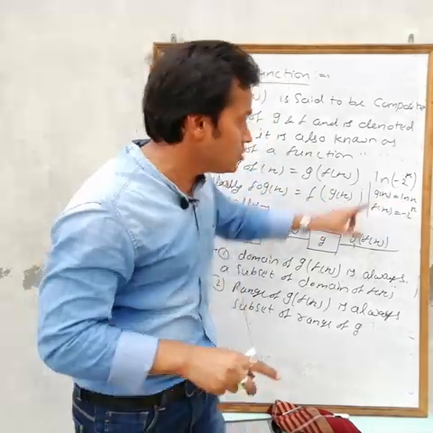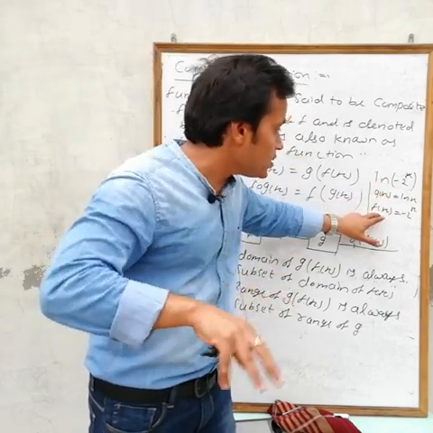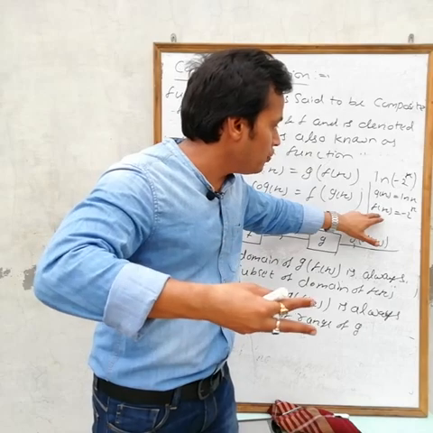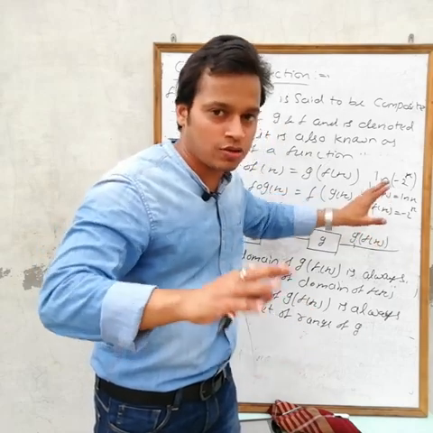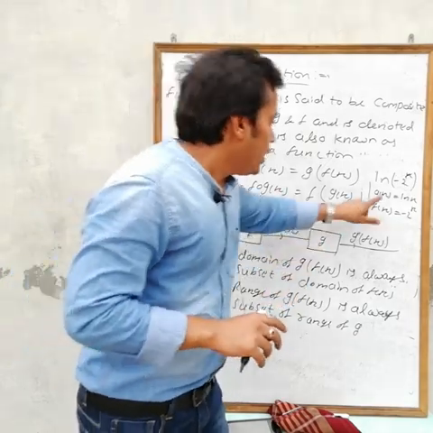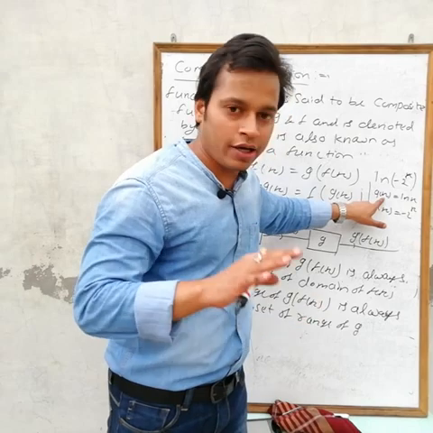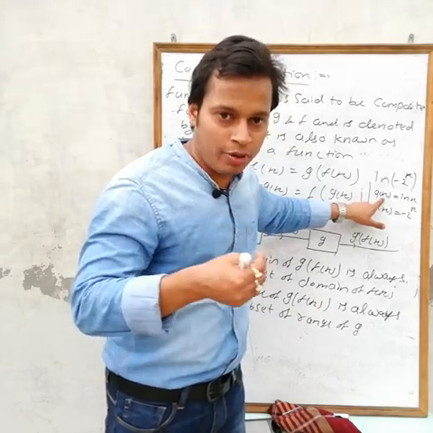So if the range of f(x) does not belong to the domain of g(x), or in other way, here the value of f(x) is always negative and g(x) can take only positive values.